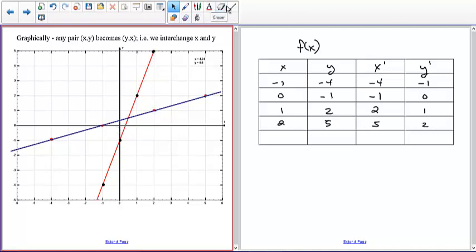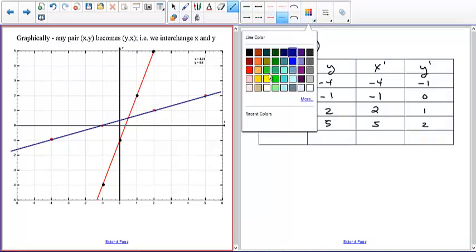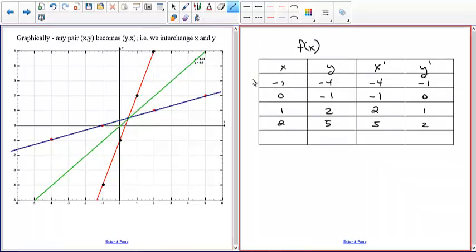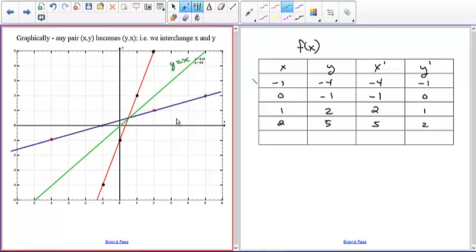Now one other thing I'm going to draw a line for here, let's pick green. So if I just draw a line from -5, -5, to +5, +5, that green curve here is y equals x.